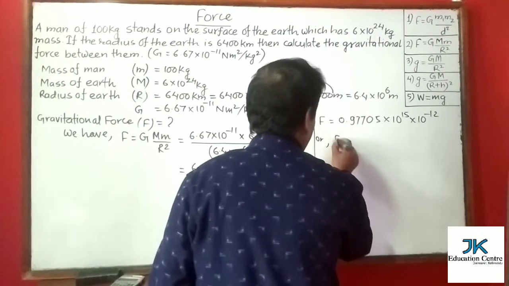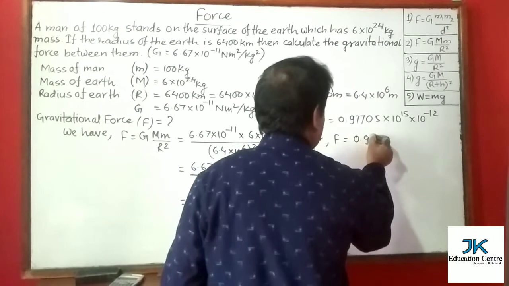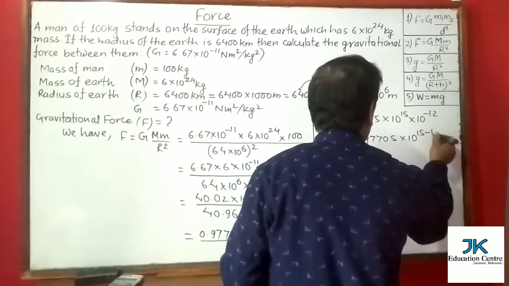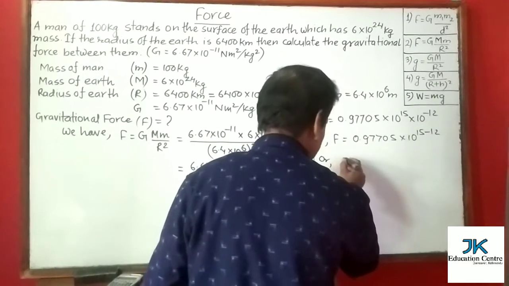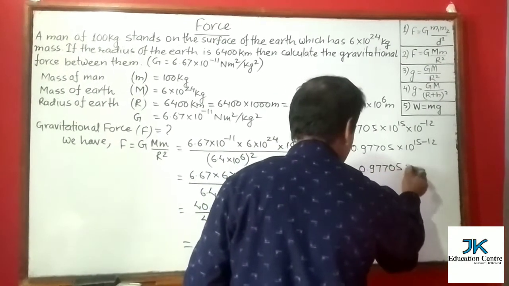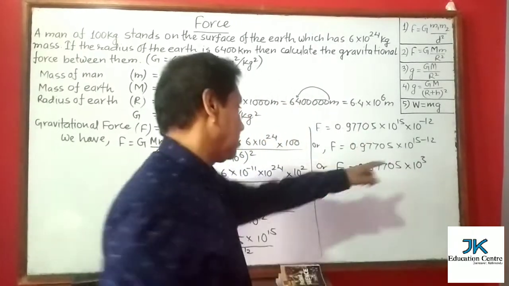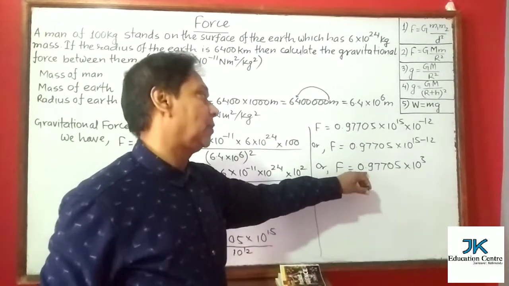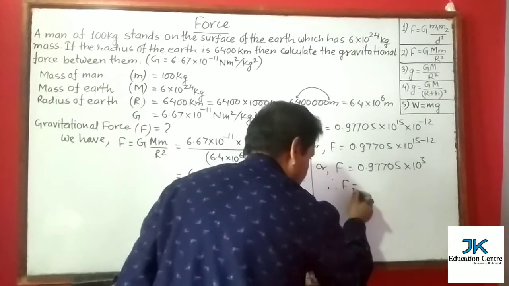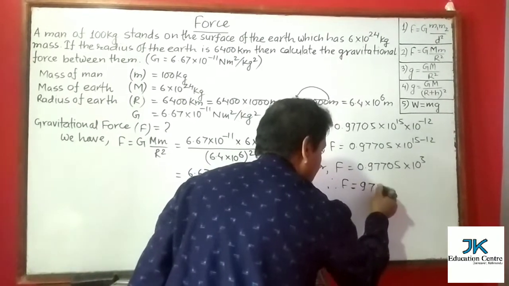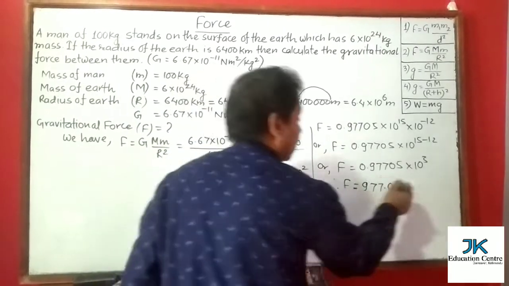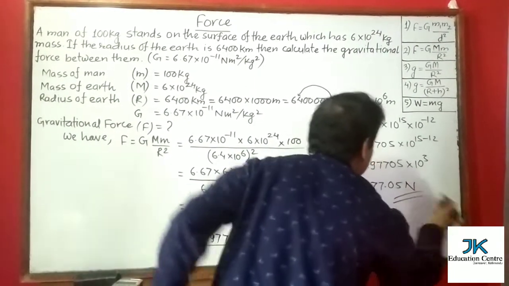So F is equal to 0.97705 into 10 to the power 15 minus 12, or F is equal to 0.97705 into 10 to the power 3. 10 to the power 3 means 1000. If we multiply this number with 1000, then it's very easy. We can use a calculator also. 977.05, and the unit of force, gravitational force, is what? Newton. This is our final answer.